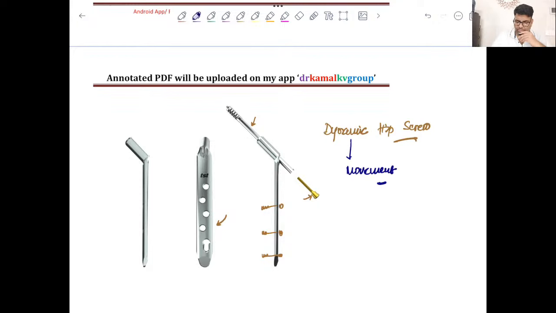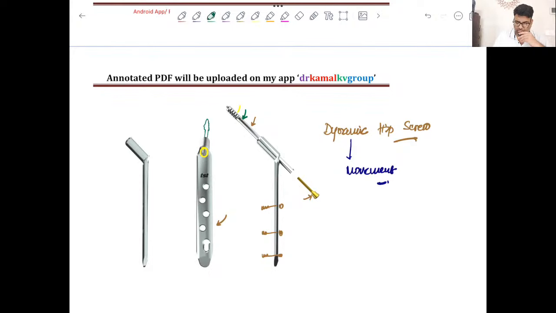This movement occurs in this area, where there is a hole something like this, and this cannulated screw is actually passed something like this.